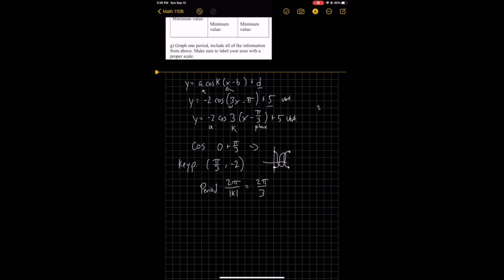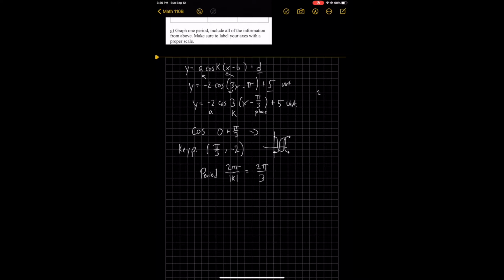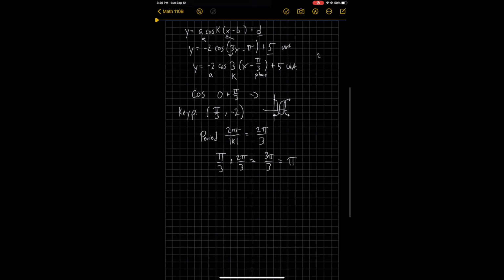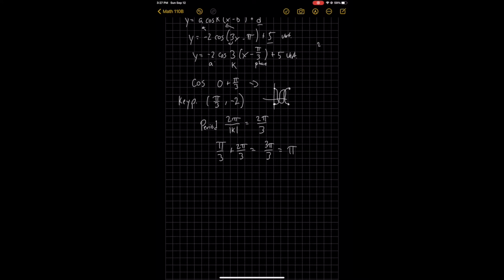And so if we have the initial key point, which is pi over 3, then pi over 3 plus 2 pi over 3 is going to be 3 pi over 3, or just pi. And so the pi over 3, comma -2 is going to be pi, -2 for the next key point.